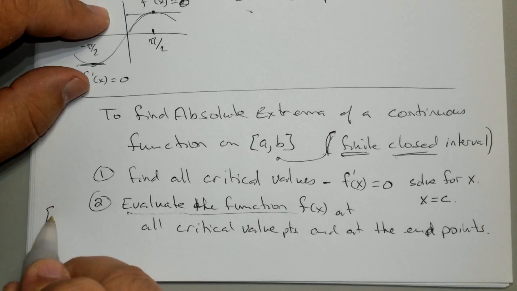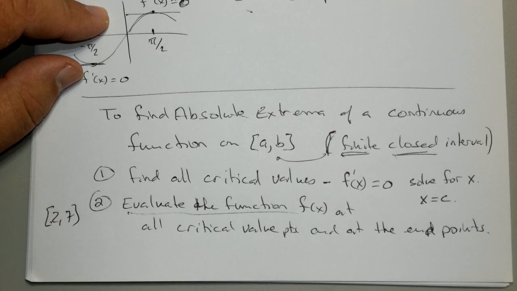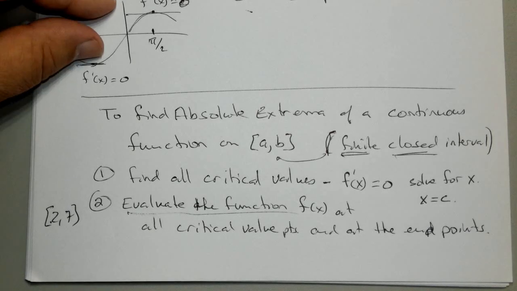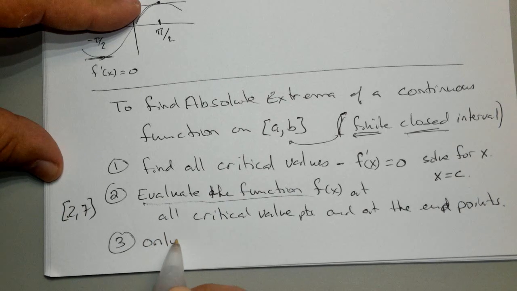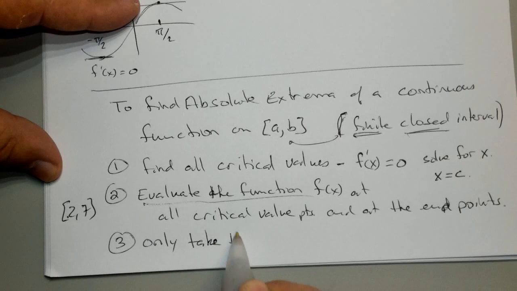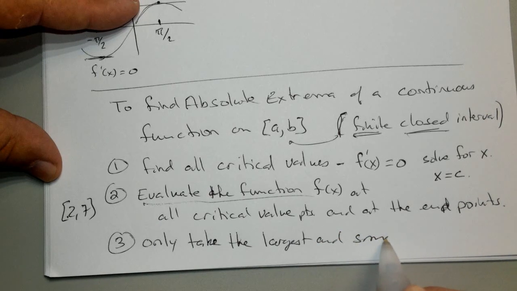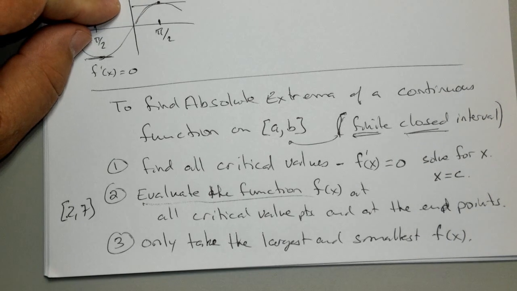If your closed domain is 2 to 7, plug in 7 to the function, see what the values are, and do the same for all the critical values you find. Once you do that, all you have to do is compare which one's highest and which one's lowest. Then only take the largest and smallest points of the function.